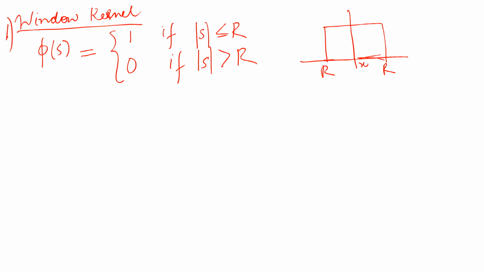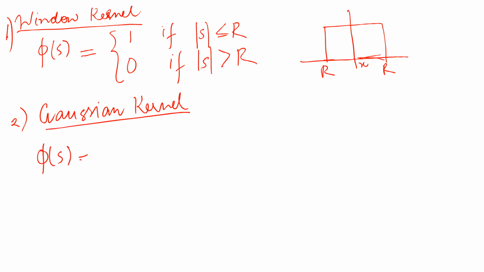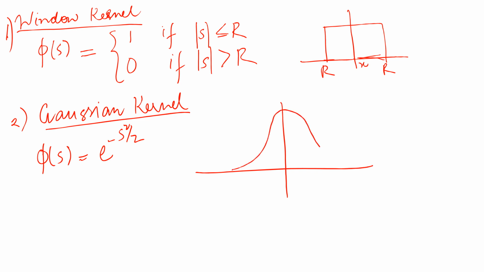Another even more popular one, the second one, is the Gaussian kernel, and I'm very sure you must have heard this one. So for the Gaussian kernel, my phi of s is e to the power of minus s squared over 2, and you can tell just by the name, this is what it looks like, kind of an ideal one.